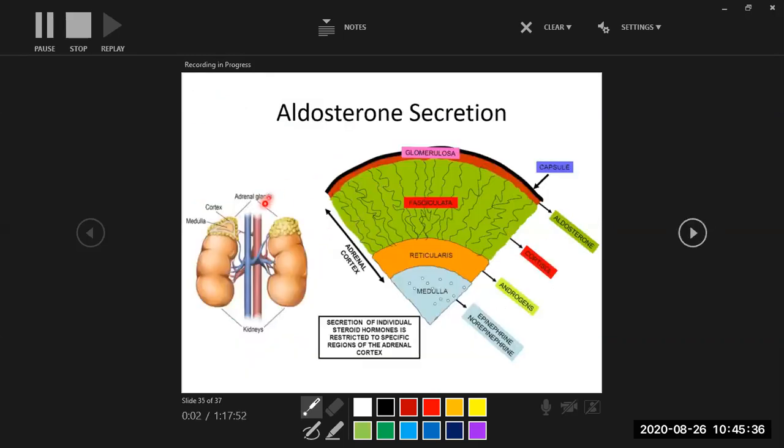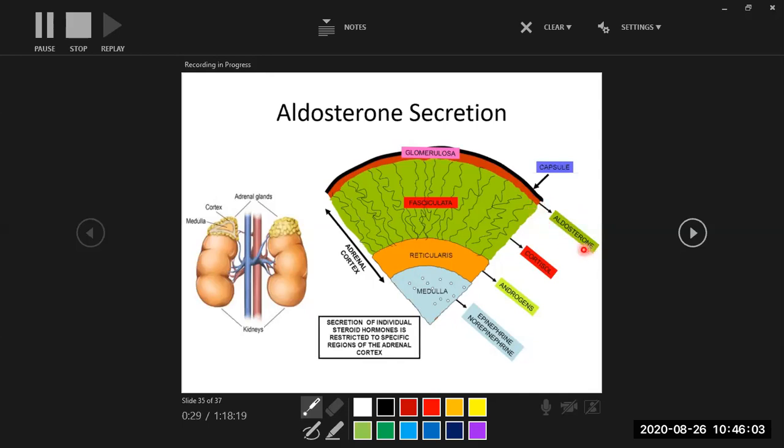So here are the adrenal glands. We have the adrenal medulla. This one releases epinephrine and norepinephrine, so this is part of the sympathetic nervous system. The adrenal cortex is the region that has three zones. The major hormone released from the adrenal cortex is cortisol, but it also releases aldosterone.